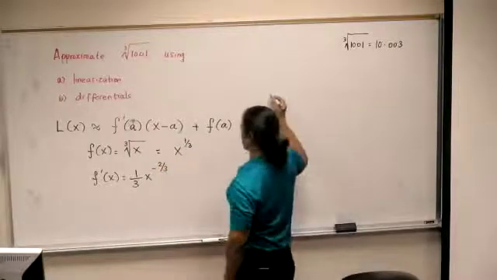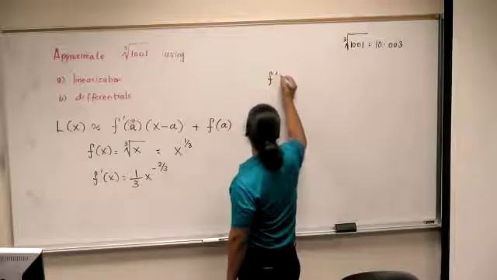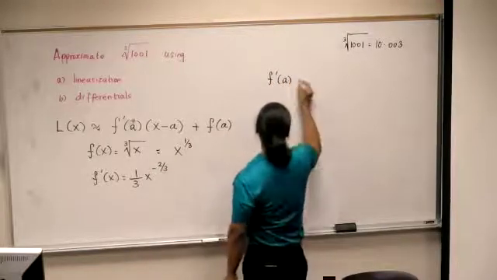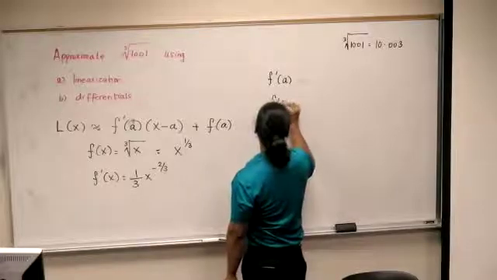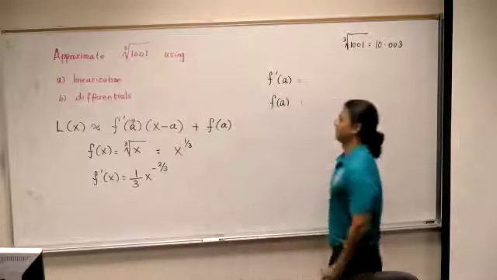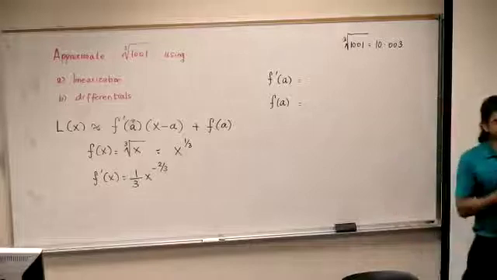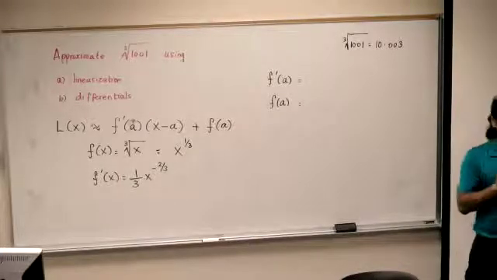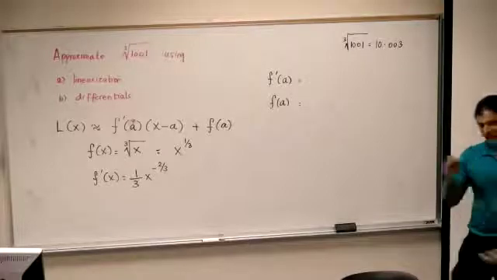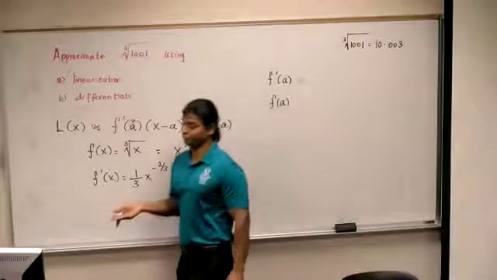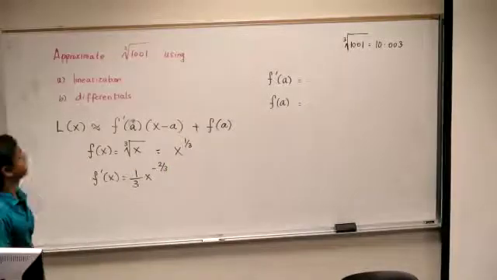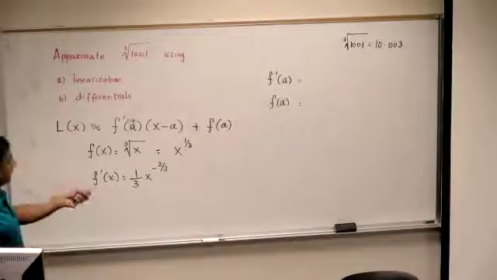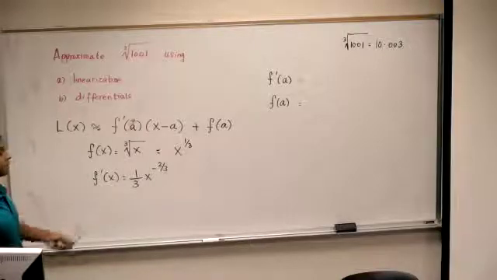Now, we need to find f prime of a and f of a. Now, a has to be in the neighborhood of which number? Or x has to be in the neighborhood of which number? 1001. So what is a reasonable value for that?